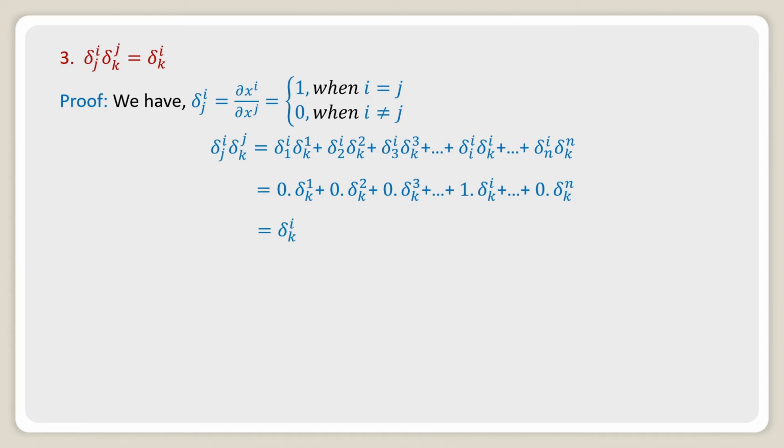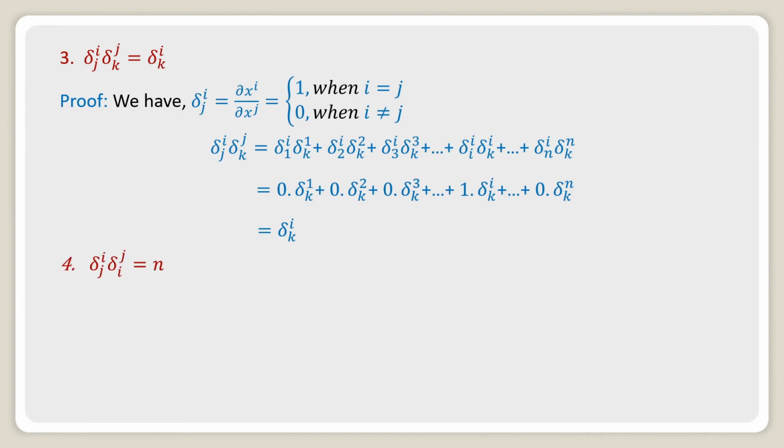So, the value of delta ii is equal to 1. The value of the last term is also 0, that is delta in is equal to 0. So, except the ith term, that is delta ii, all other terms will be 0, and from here we will get only delta ik. So, delta ij into delta jk is equal to delta ik.